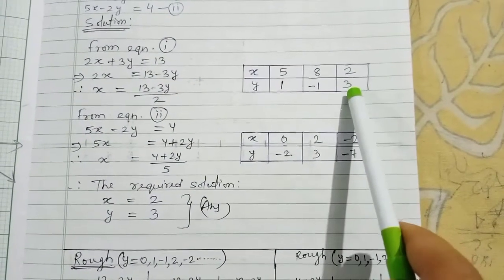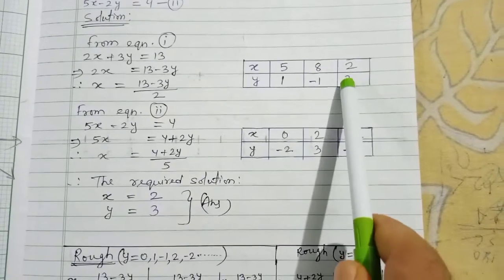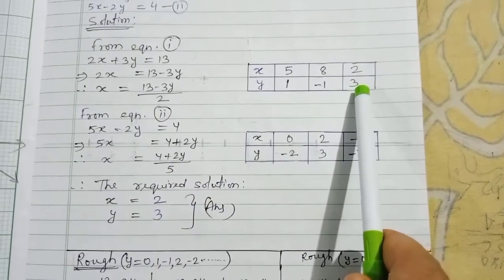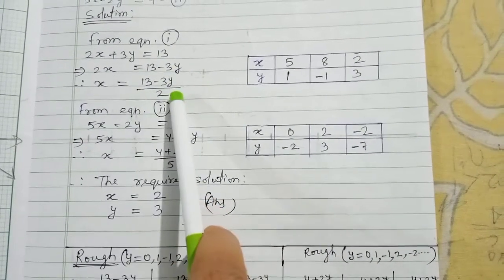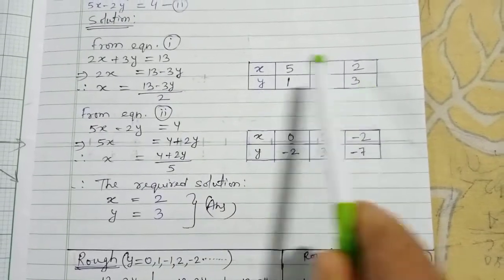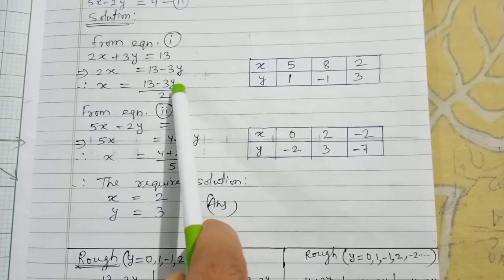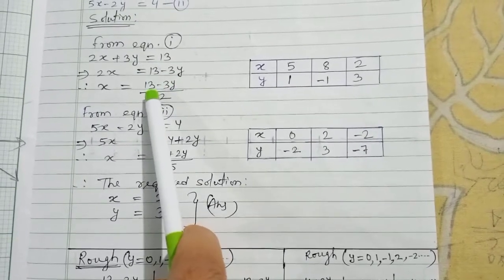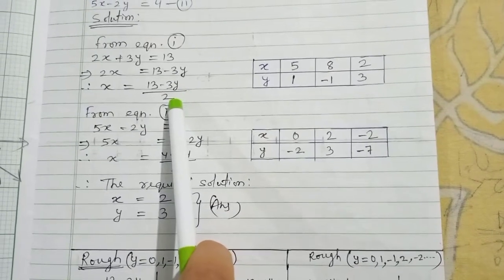Next you can see I have put 3. That means 2 and minus 2 were unsuccessful. When I put 2 and minus 2, it was not divisible by 2. You can try also. Put 2 here: 3 twos are 6, 13 minus 6 is 7, and 7 by 2 is unsuccessful, we cannot divide.